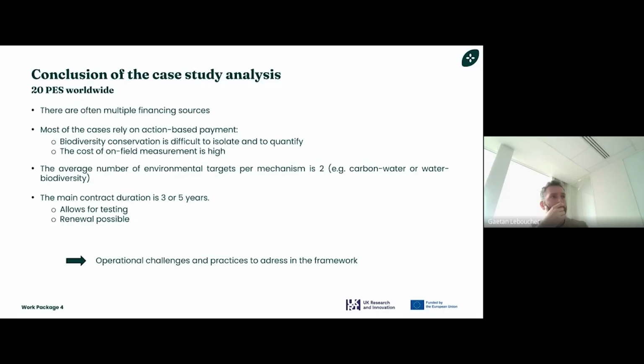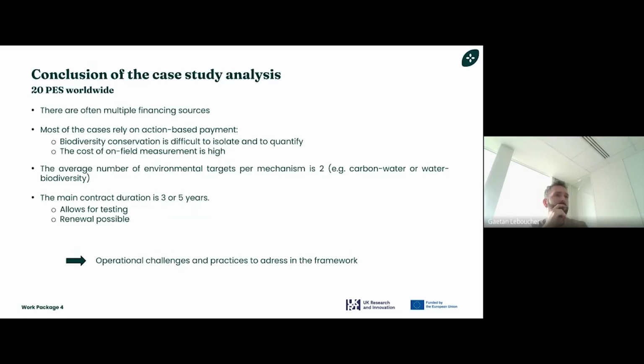Also, the number of environmental targets per mechanism is not only one, it is on average 2. It also allows to concentrate the efforts on some specific targets. Another point is that the main contract duration is between 3 and 5 years.